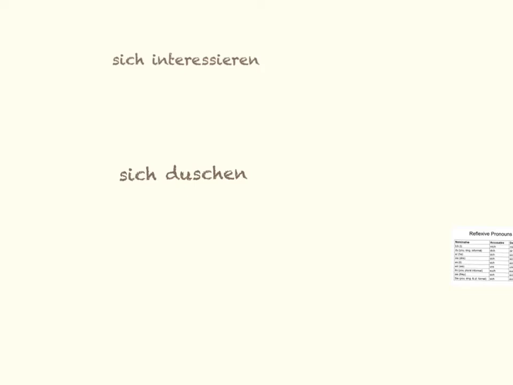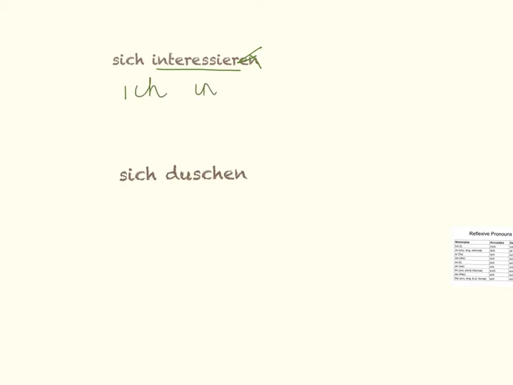Okay, as usual with a regular verb, you take off the en, so you remove the en and you are left with the stem of the verb. In this case it is interessier. You choose your pronoun. So the pronoun I'm going to choose is ich.